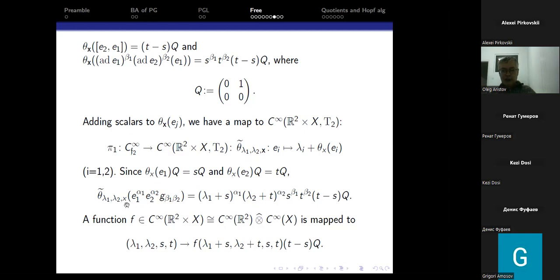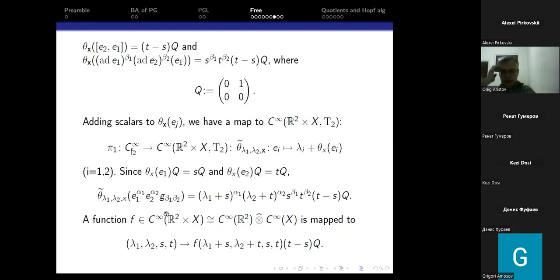Combining all this, when we apply this new homomorphism to an element, in fact, elements of this form are a linear basis for U of F2.